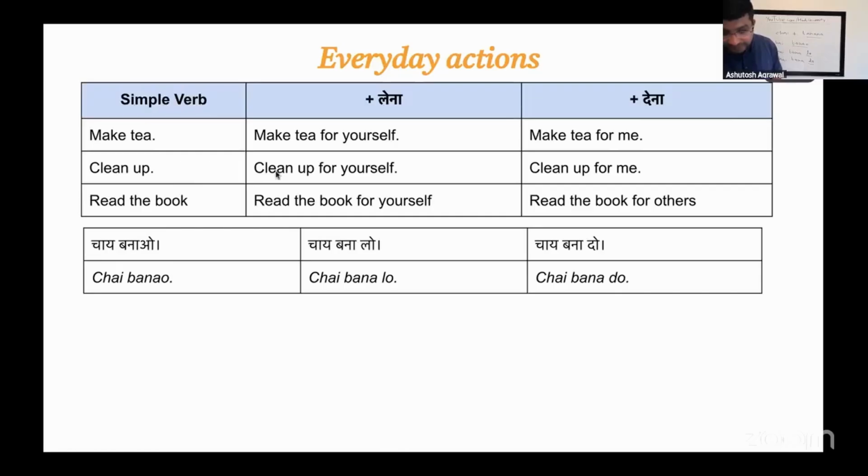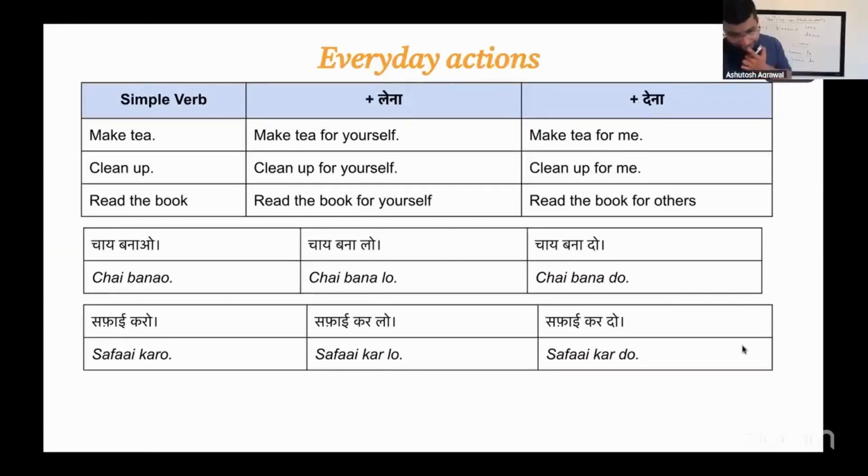Clean up, clean up for yourself, and clean up for others. So the first one is clean up. Just simply command: साफ करो or सफाई करो. सफाई कर लो, सफाई कर दो. The next one, read the book. Read the book for yourself and read the book for others.